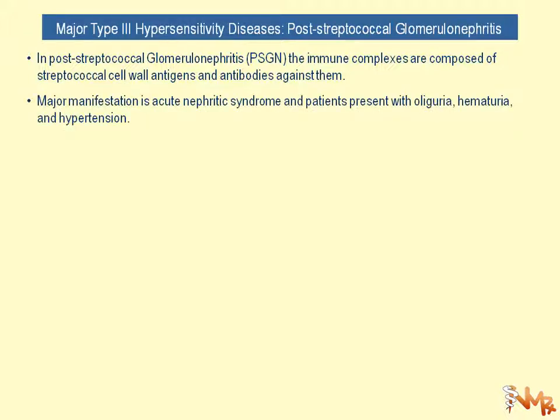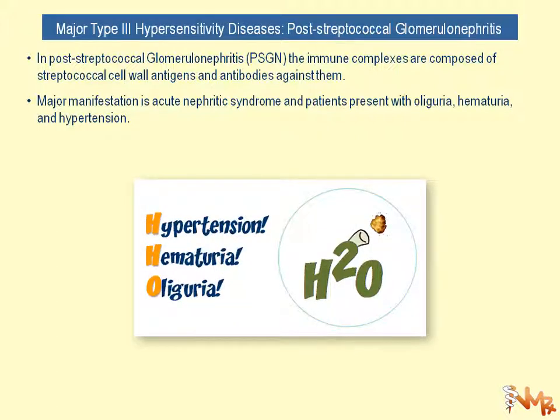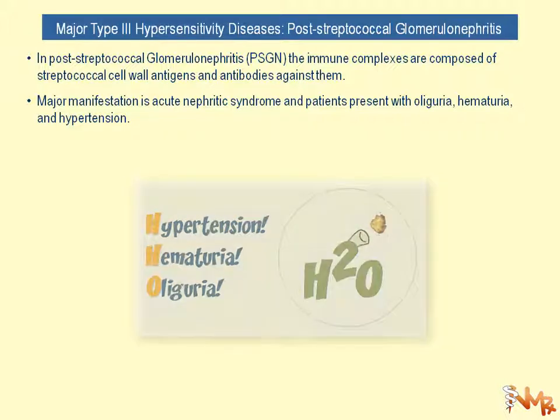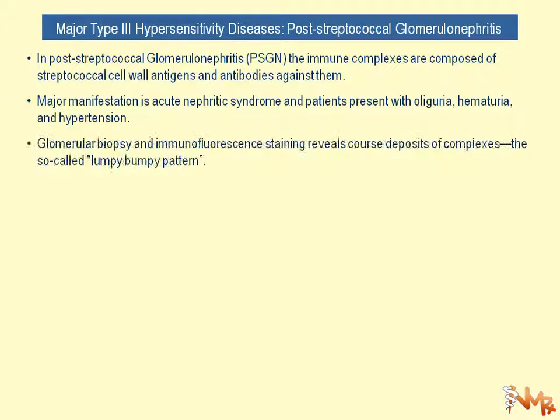Major manifestations is acute nephritic syndrome, and patients present with oliguria, hematuria, and hypertension. This is the triad of nephritic syndrome. Glomerular biopsy and immunofluorescence staining reveals coarse deposits of complexes, the so-called lumpy, bumpy pattern.